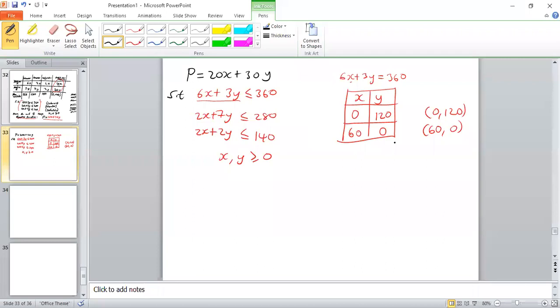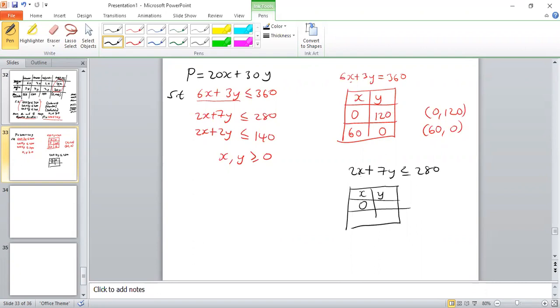So we have those coordinates. We can do it for the other one, which is 2x plus 7y less or equal to 280. Then a table of values, x and y. If x is 0, y will be what?